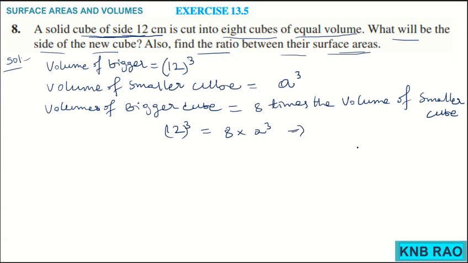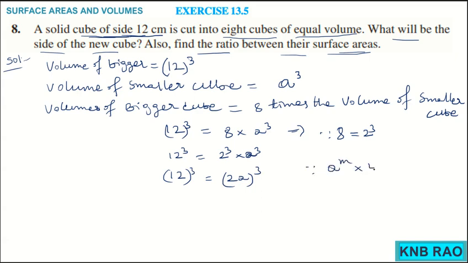On solving this, 8 being 2 cube, I am writing this 12 cube as 2 cube into a cube, and further 12 cube is equal to 2 times a whole cube. Here I have used the power rule a power m into b power m is a into b whole power m.